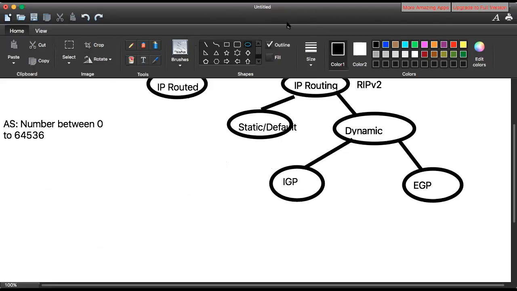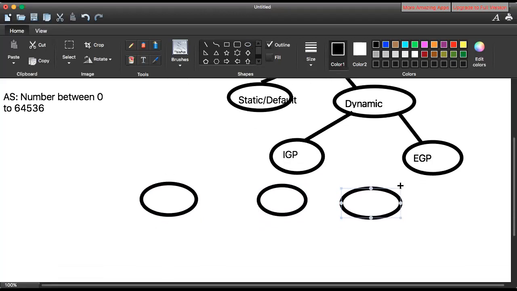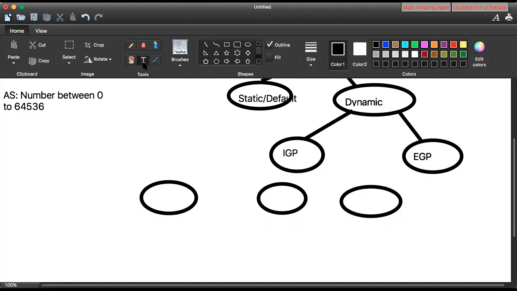Okay, so now coming to the IGP, there are three different flavors of IGP: distance vector, link state, and hybrid.